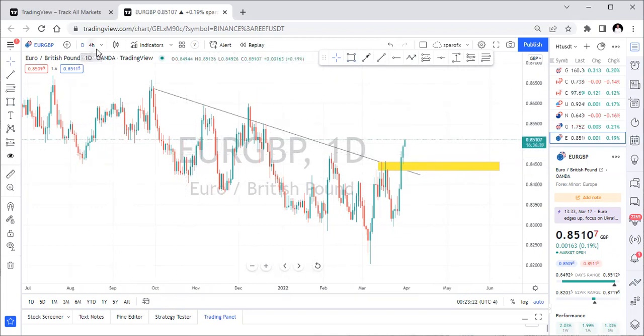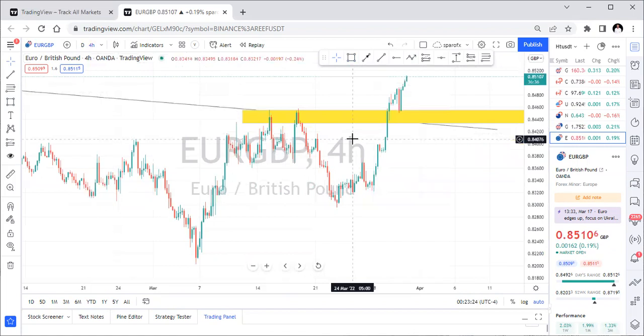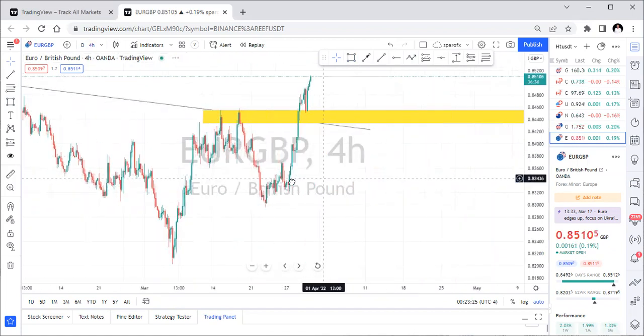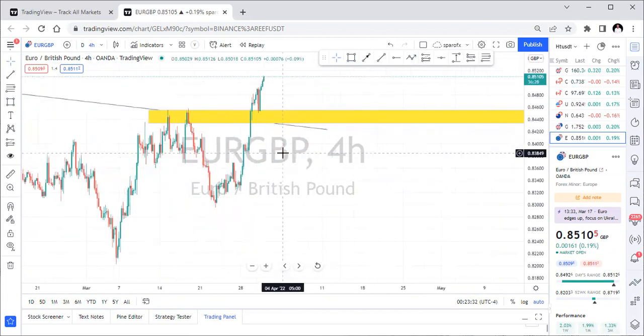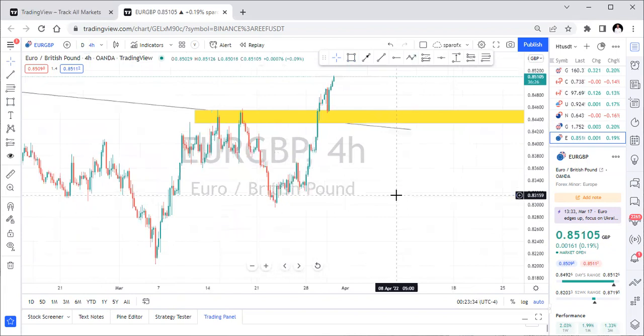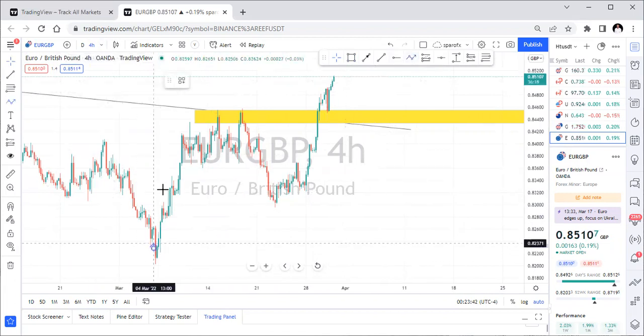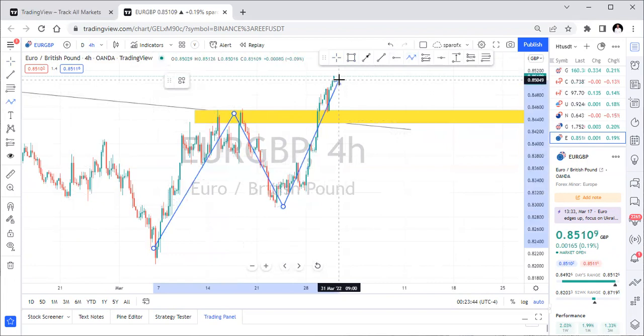Then I'll go to my 4-hour time frame. Yes, there's a break and probably a retest. Being a break and a retest, I will be looking for buy opportunities because the momentum is to the upside.